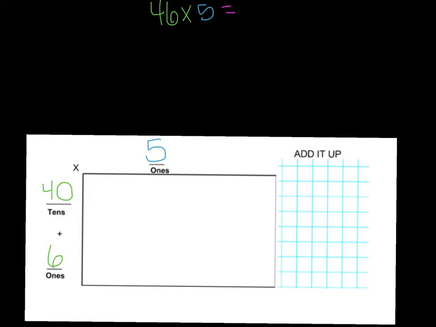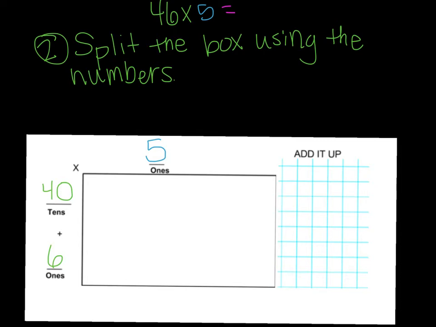Alright, our second step, which you need to write into your notebook. Split the box by using the numbers. So, you're going to look at the numbers that are in our left-hand side first.